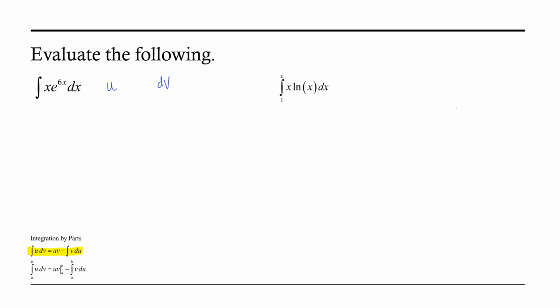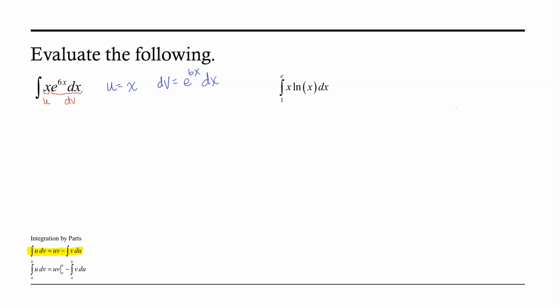One possible choice would be let x equal u, and then e to the 6x equal dv. If we were to do that, then u would be x, and dv would be e to the 6x dx.